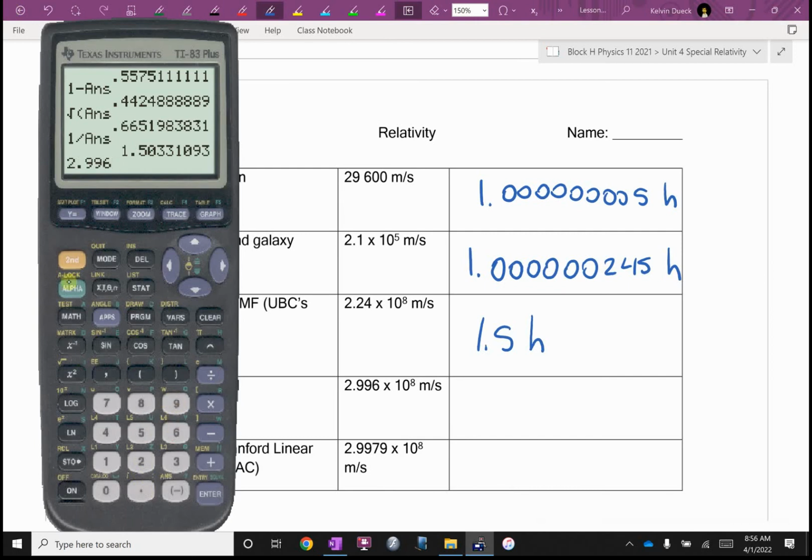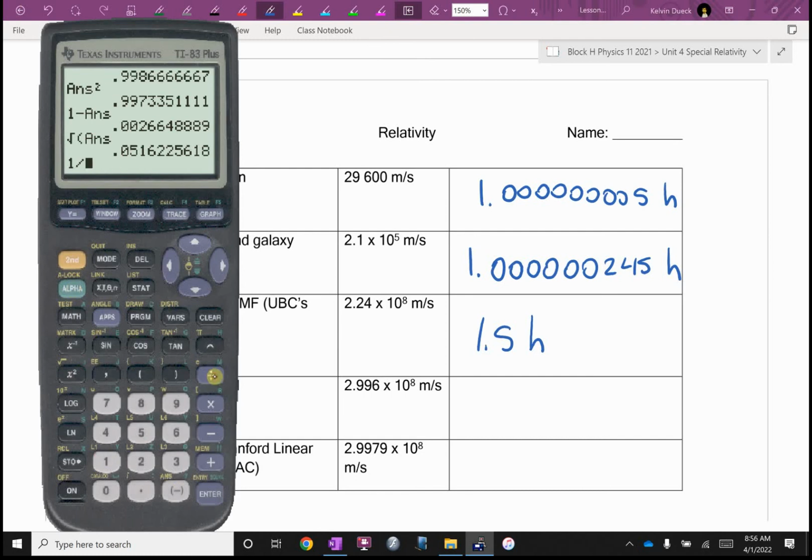2.996 actually, times 10 to the 8th meters per second divided by 3 times 10 to the 8th meters per second. Equals, and I get 0.9986, and then the 6 repeats. Oh, squared. And then 1 minus that. And then the square root of that.